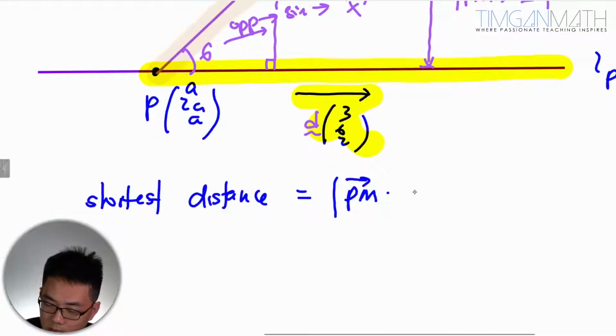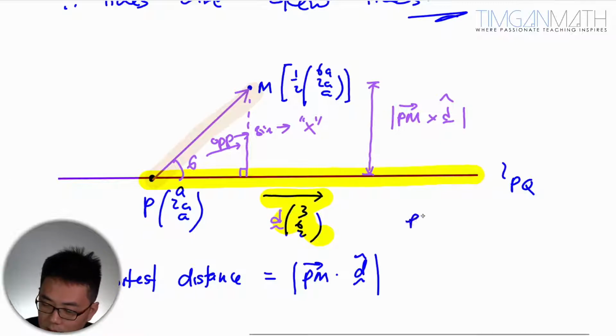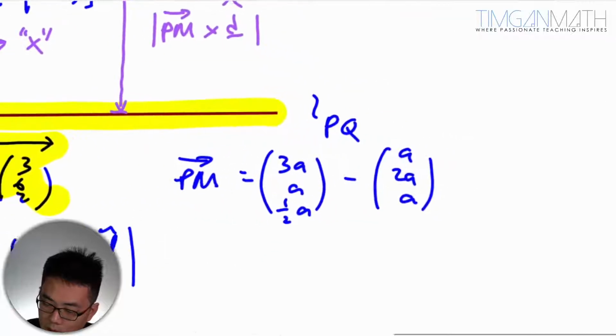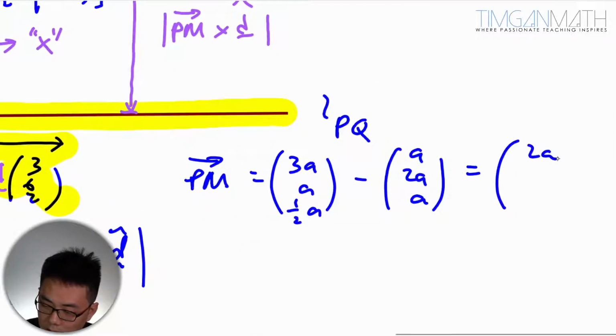I'm going to do the PM side quest a bit. Just do the normal. PM is OM minus OP, right? So this is 3a, a, and half a, minus a, 2a, and a. That will give us 2a, negative a, and negative half a.